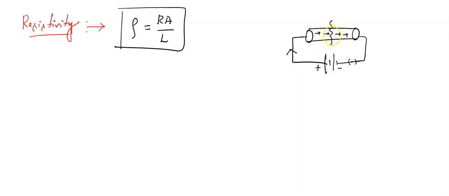It will stop the current. That is called resistance. So this resistance will oppose the current flowing in this direction. Once it stops the current from flowing through, the complete current will convert into heat energy. That is called resistance.